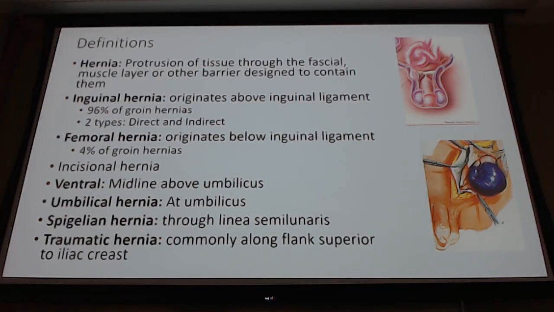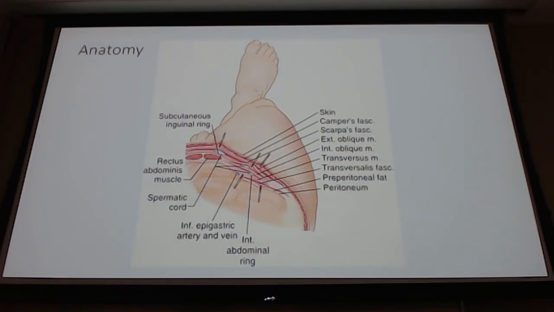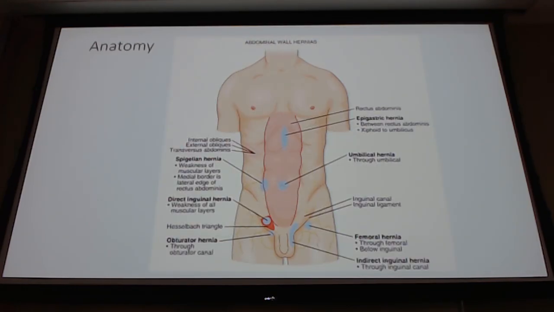Spigelian hernias are through that linea semilunaris. If you look here, that area on the edge of your six-pack, between your six-pack and the rest of your abdominal core, that's your linea semilunaris. Those are where those hernias happen, just on the edge of your six-pack.